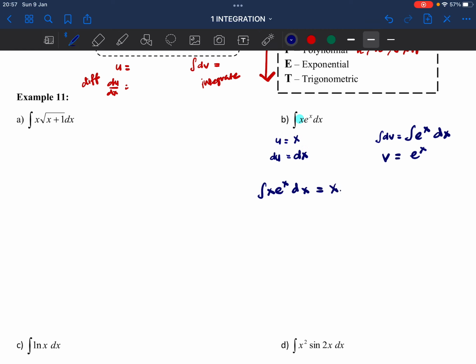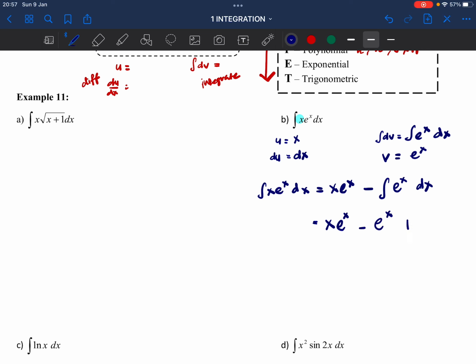So x e^x minus integral v du. For this one you have to make your du the subject, that means e^x dx. This part here, you don't need to touch anymore. The only part that you have to solve is this last part here. So we are going to get x e^x minus the integral of exponent, once again exponent x.